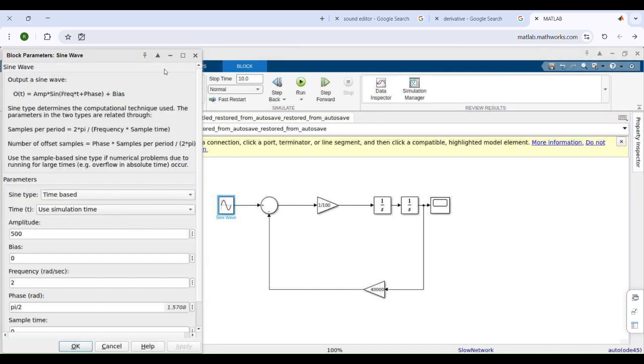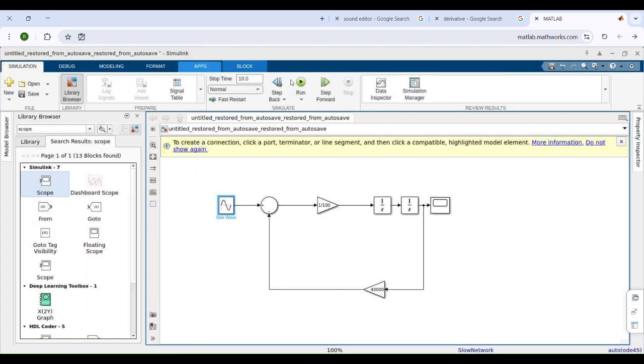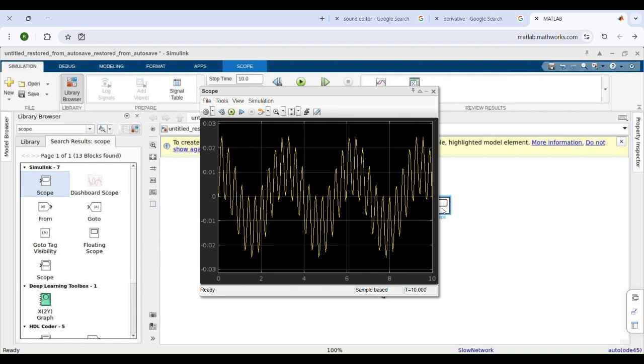Let's see what happened, or which graph we have. Yes, this graph. You can see this concave is not, what I mean, not uniform.